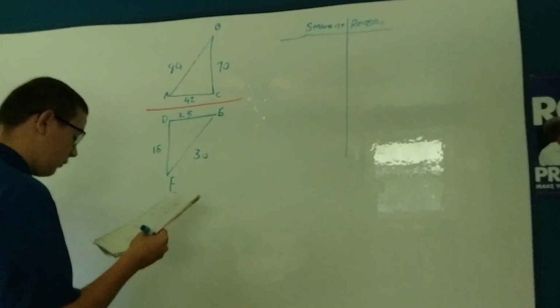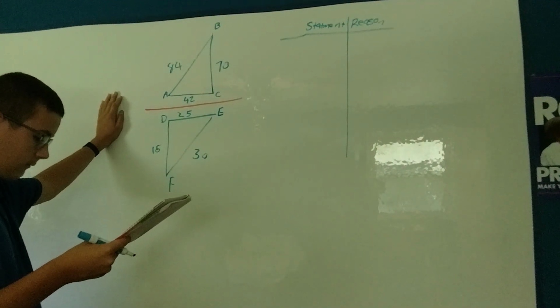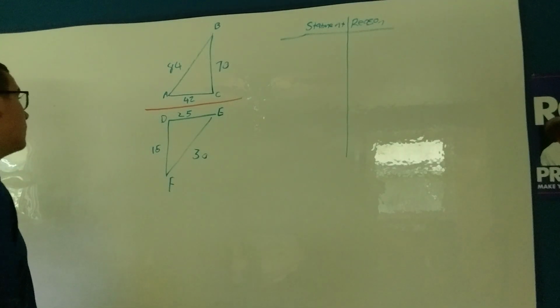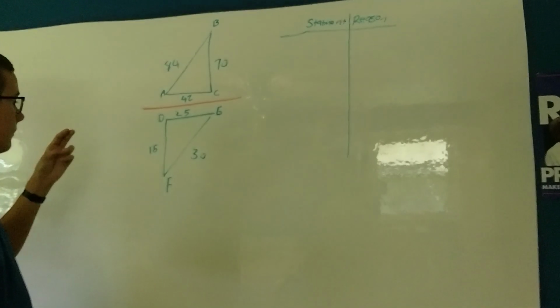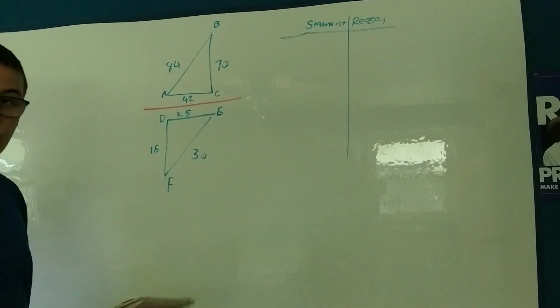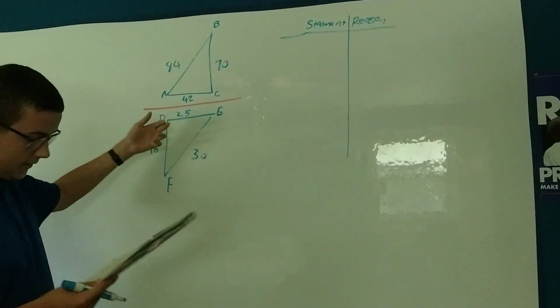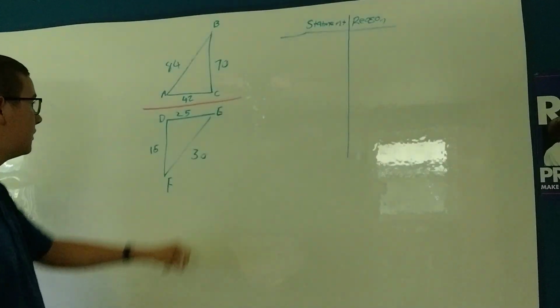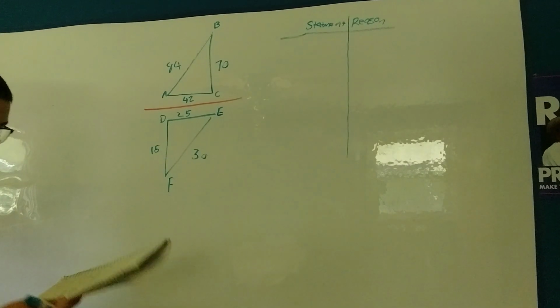first, let's identify the smallest side on each triangle. Here, this is 42. Here, it's 25, right? And then the middle would be the 70 and 15, and then the largest is 84 and 30. So if we want to test the ratio between our two smallest sides, AC over DE, if you pull out your calculator, you get 2.8, right?